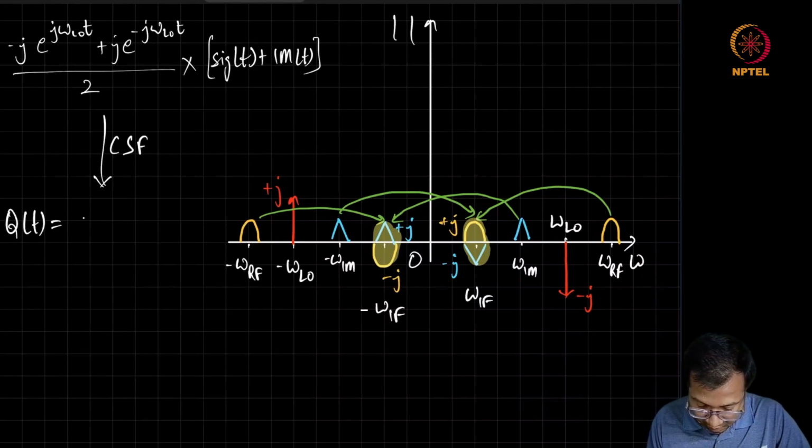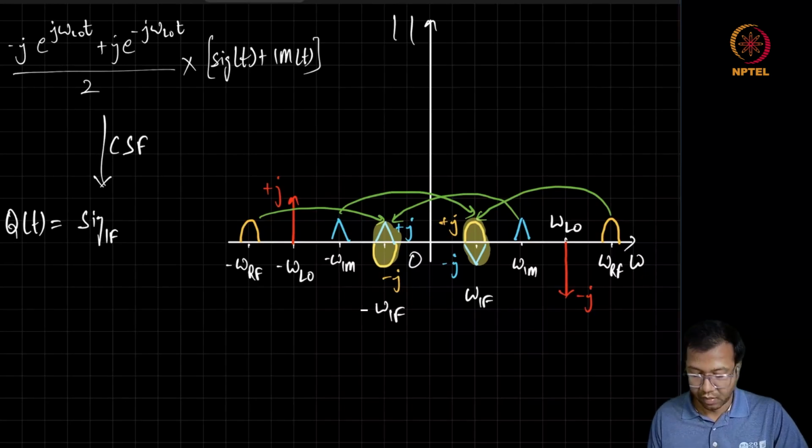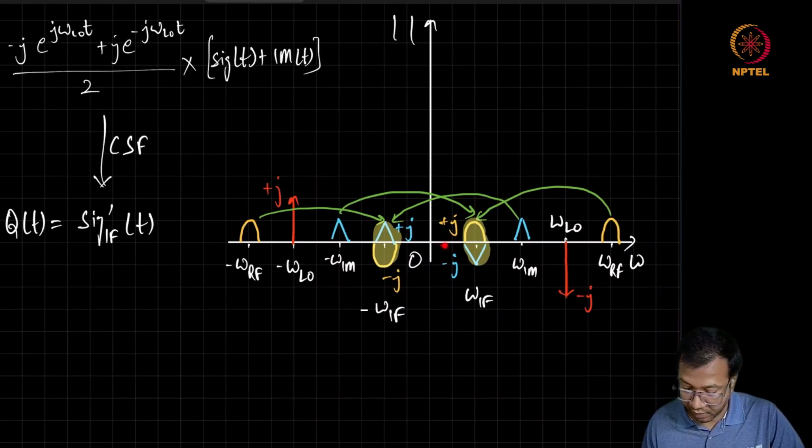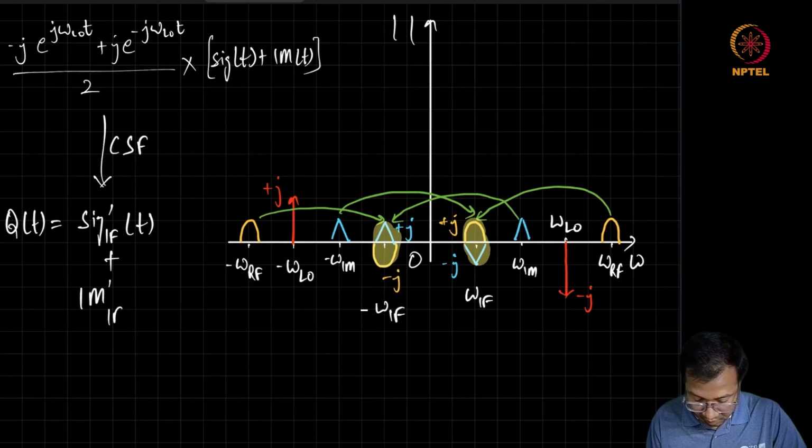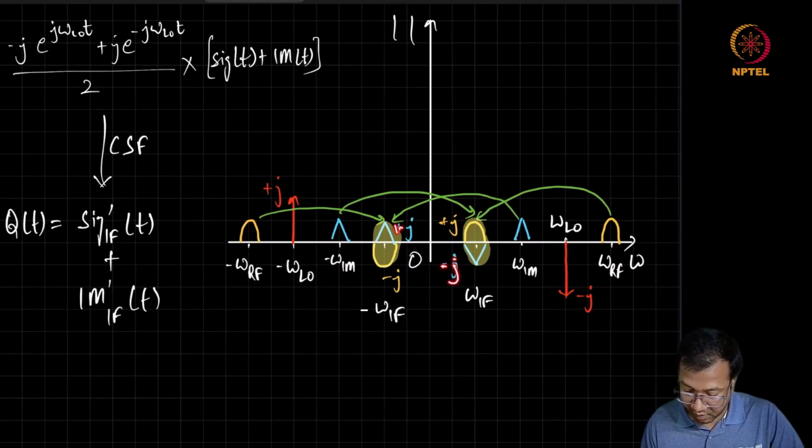It is same as the signal which was at the IF frequency earlier, but with the positive and negative frequency components getting multiplied by plus and minus j respectively. Similarly, the image is also getting multiplied by minus j and plus j respectively.